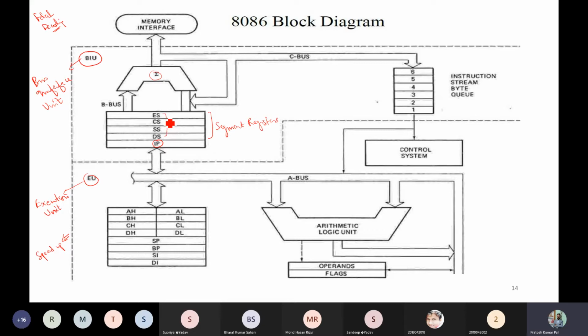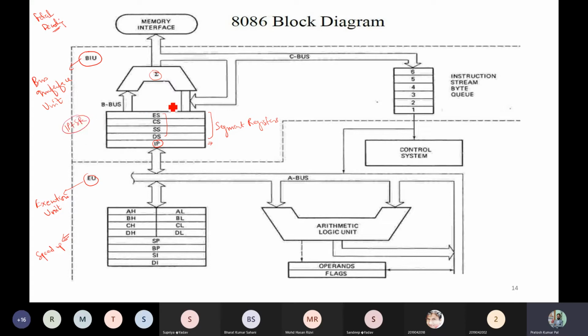And this is the instruction pointer basically. So this instruction pointer along with any of these segment registers, by combining these two, there is a summation, like these two are summed up to give the address of the instruction basically. So this is the complete address of the instruction, in the form of IP plus your segment register.